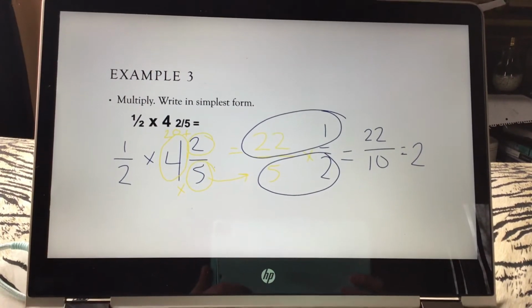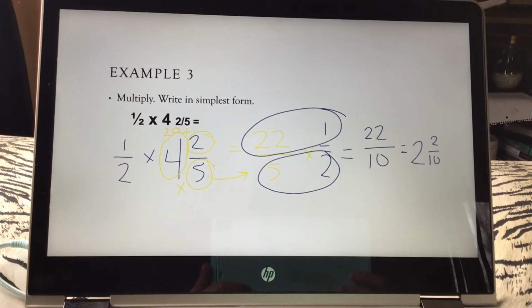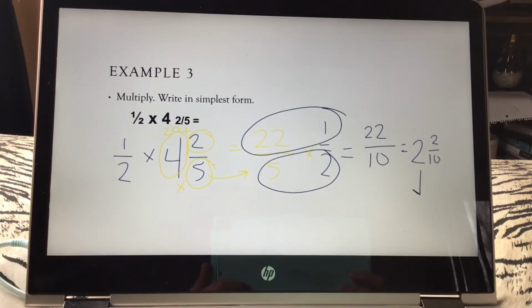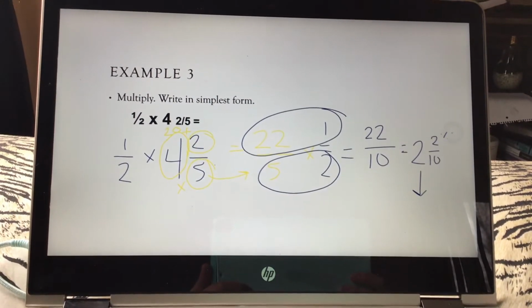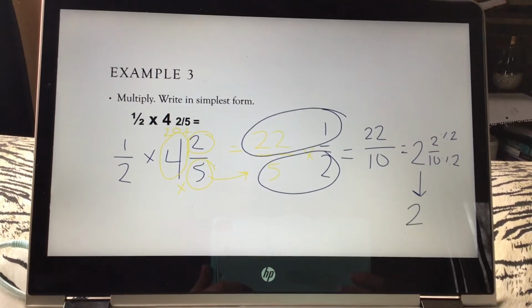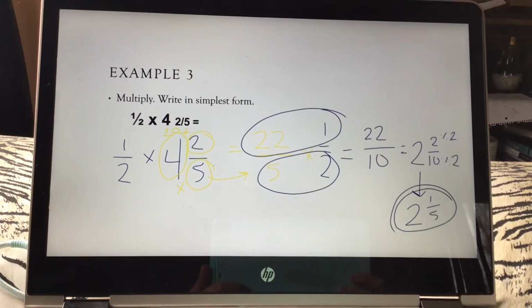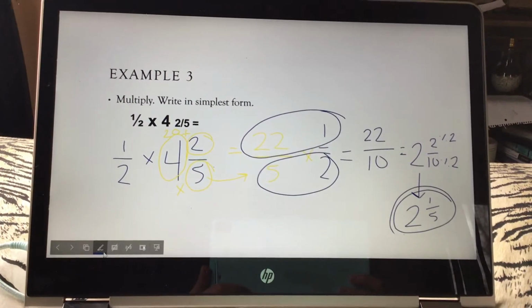How many are left? 2 tenths. Can we simplify any more? Yes, we can. Divide by 2, divide by 2. We get 2 and 1/5.